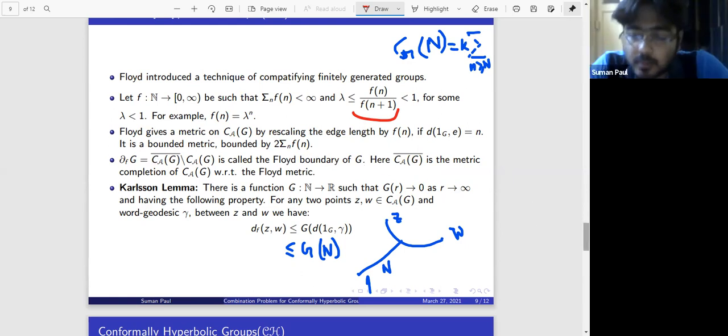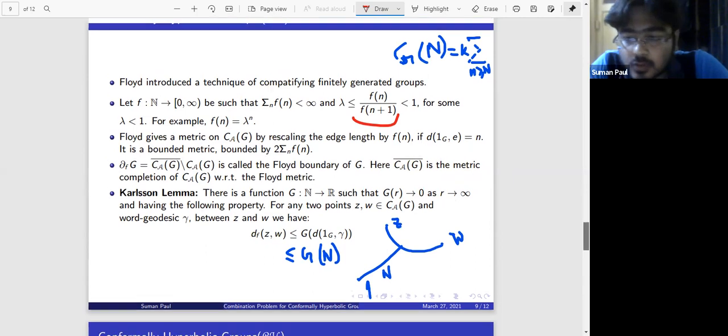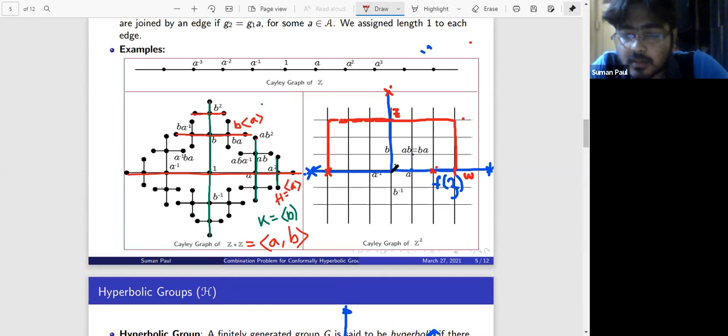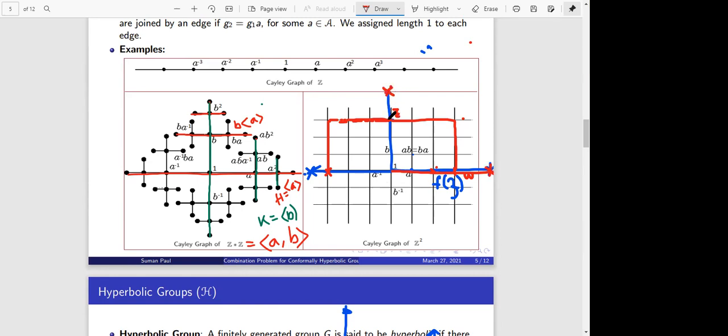Right. So basically, in the Cauchy completion, what are the points? Basically every geodesic ray corresponds to a point in the boundary, right? So how can you ensure that one geodesic ray gives rise to a boundary point for Floyd? I mean, because you are taking only the completion, right?